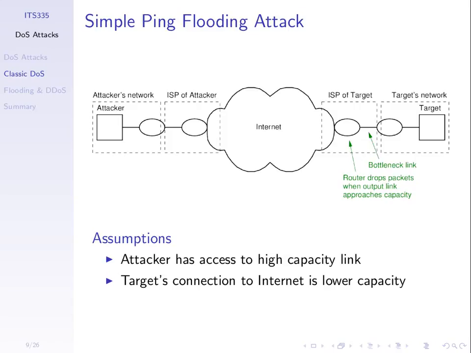For example, if this has a capacity of 10 megabits per second, this link, but the attacker manages to generate 20 megabits per second coming into here, then of that 20 coming in, only 10 can come out, so the rest needs to be dropped. So the challenge of the attack is to generate enough traffic to exceed the capacity of that bottleneck link. So let's look at that simple case and see how ping can be used to do that.